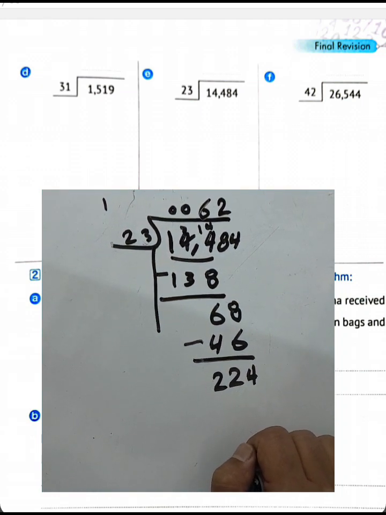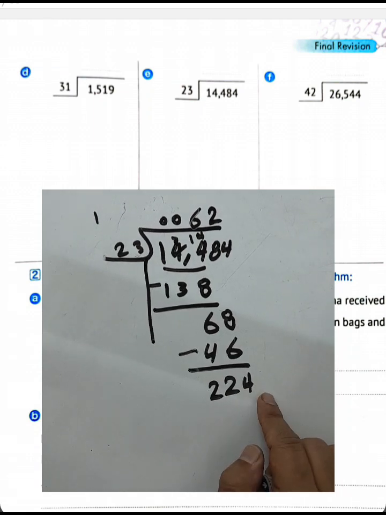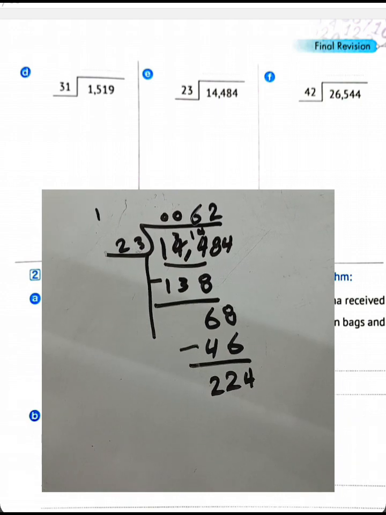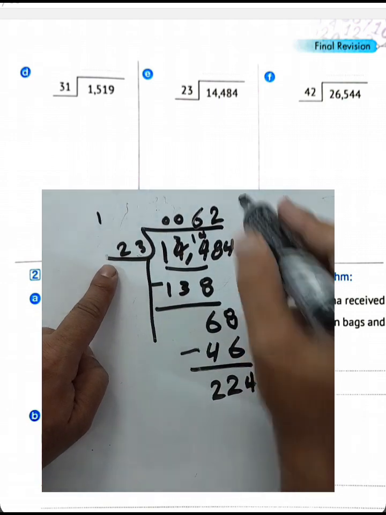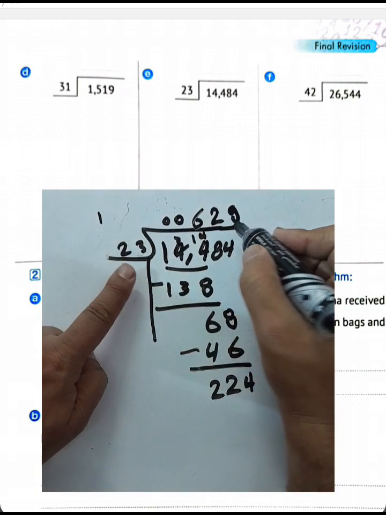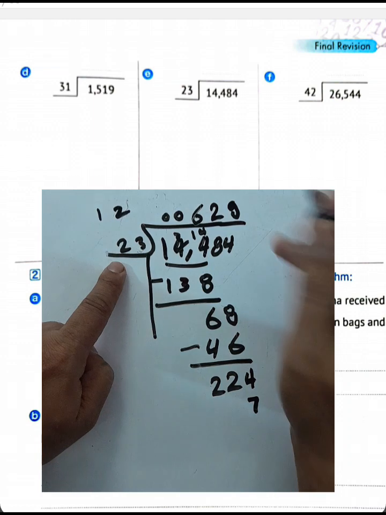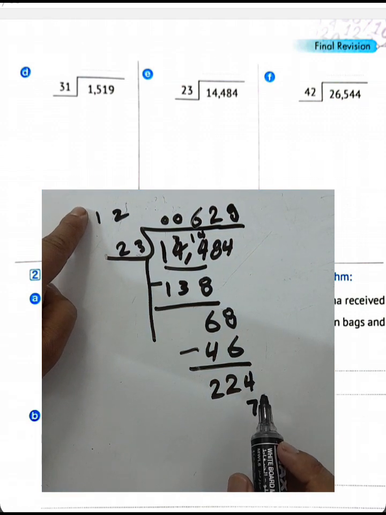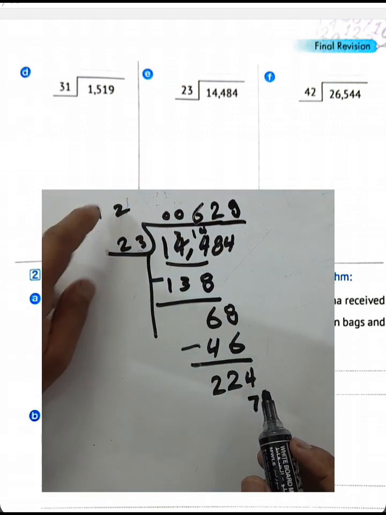Okay. We have 224, this number. This is digit by digit. 22 divided by 2, the nearest number will be 9. 3 times 9 equals 27, write 7 and carry 2. 2 times 9 is 18, plus 2 equals 20.